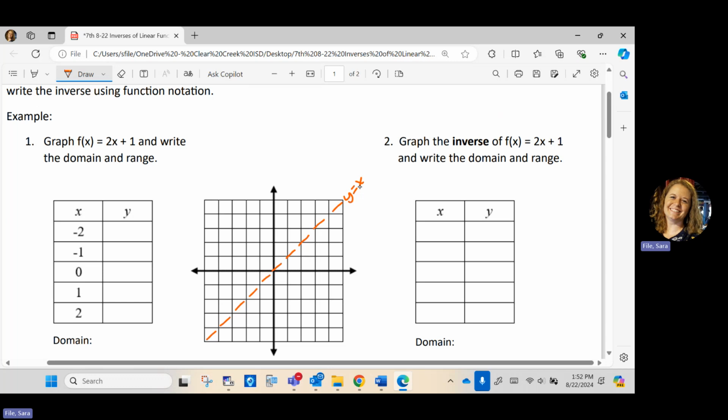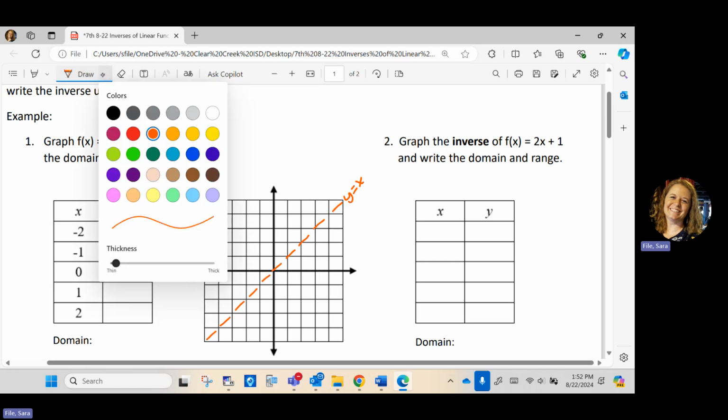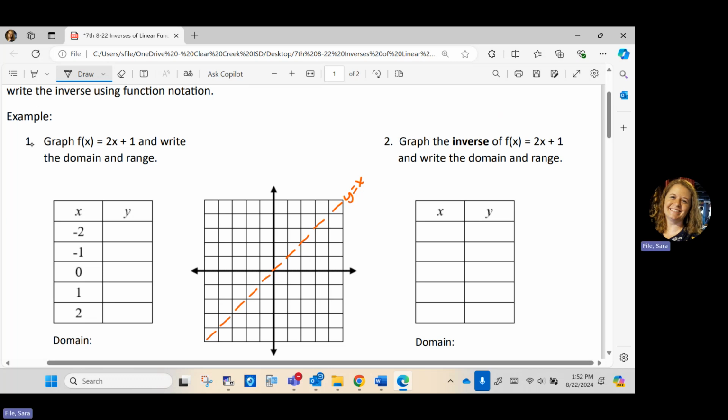Okay, well, there's 2 ways you could do this graphing. You could create a table, like they've got a table here for us, or if you are understanding your slope-intercept form of linear equations, remember mx plus b form, that's slope-intercept form, because you can see your y-intercept.